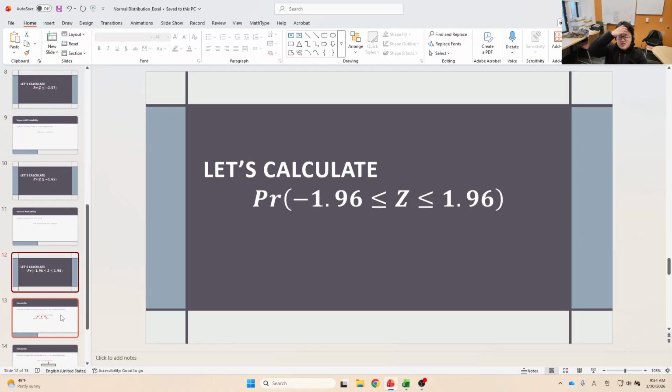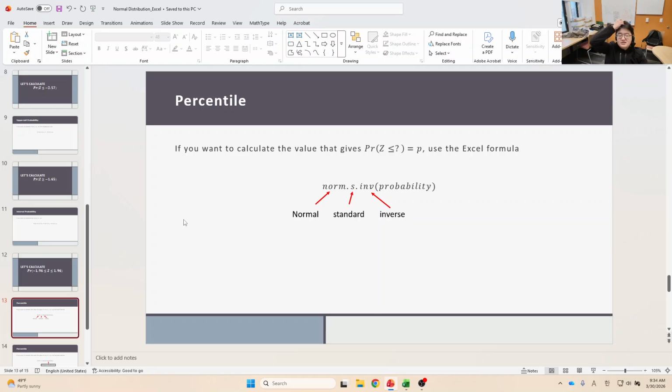Okay, this was the third probability. Next, we are going to calculate the percentile, right? So we are interested in this question mark, but P is given. Now probability is known, but we do not know the value, right? So we are going to use a different formula, norm.s.inv. Here, inv is inverse, right?